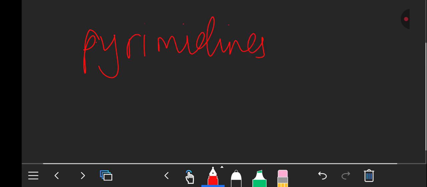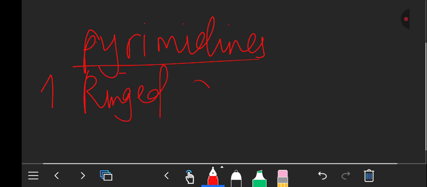Let's look at another category of nitrogenous bases, which we call pyrimidines. So what are pyrimidines? Pyrimidines are just single-ringed structures.